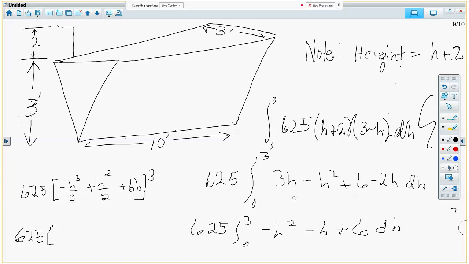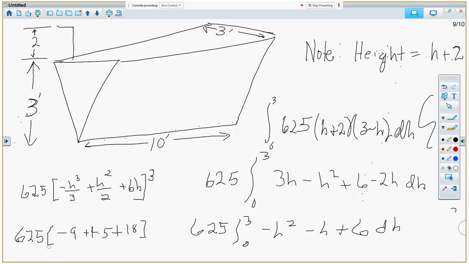All right, 27 over 3 is 9, right? And 9 divided by 2 is 4.5. And 18. So negative 4.5 plus 18, dang old 13.5.